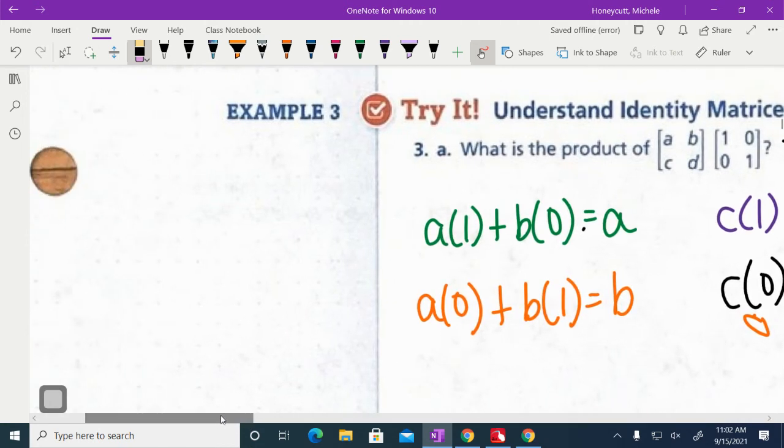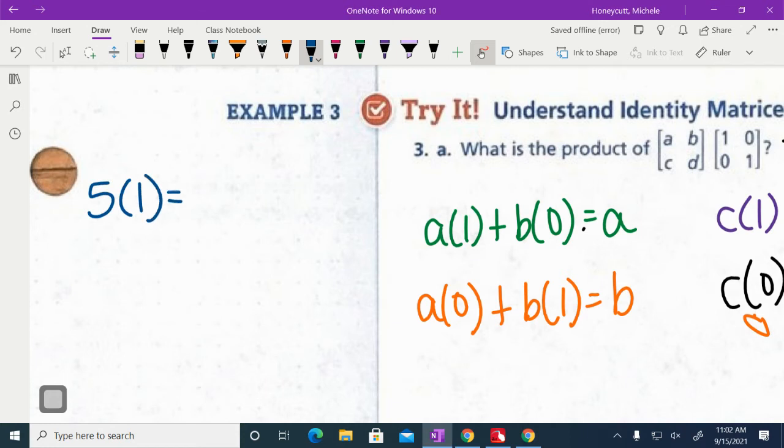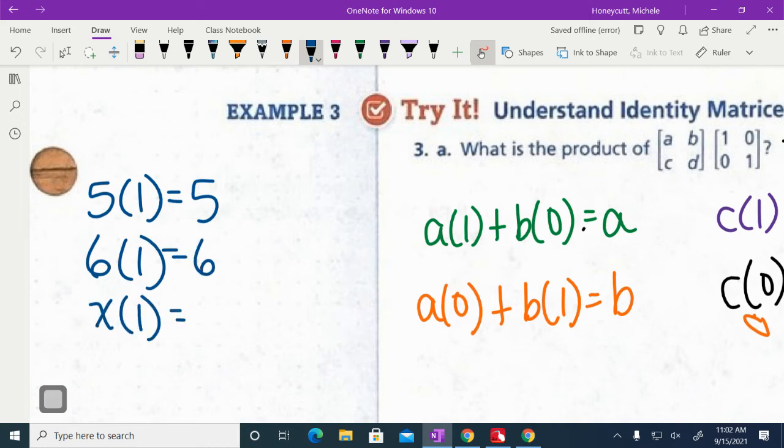Okay, so here's the thing. You know, with multiplication of just numbers, not matrices, 5 times 1 equals 5, 6 times 1 equals 6, x times 1 equals x. So anything times 1 is itself.